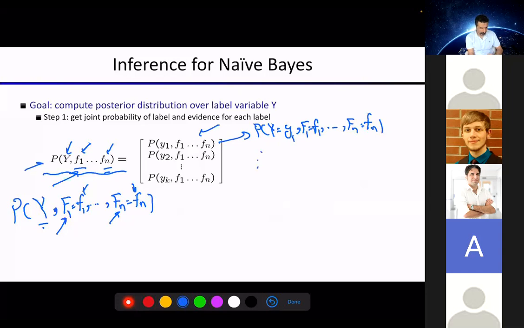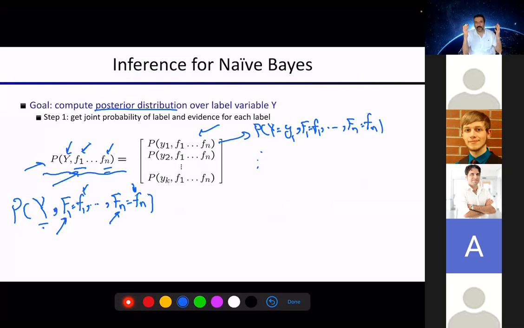So the goal is really to compute this posterior distribution over the label. What it means is, let's think, what do we expect from any classification, right? What needs to be learned here? What kind of probability do we want to predict? Can anyone elaborate on that?